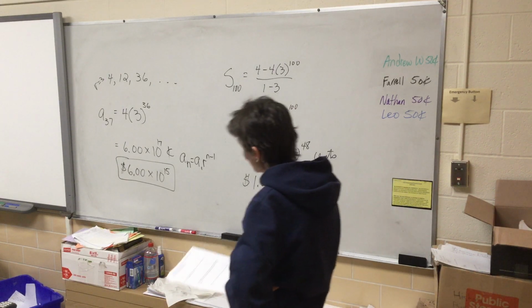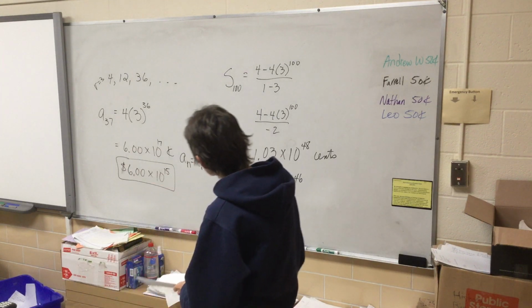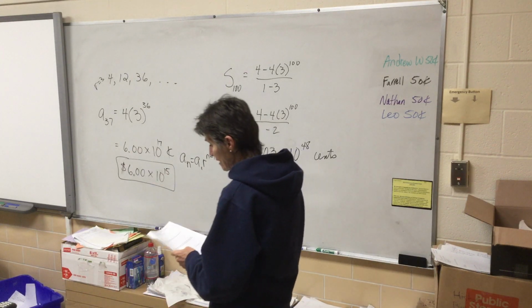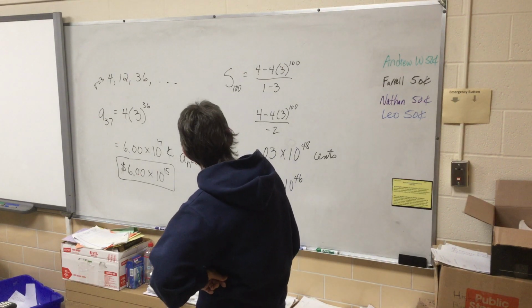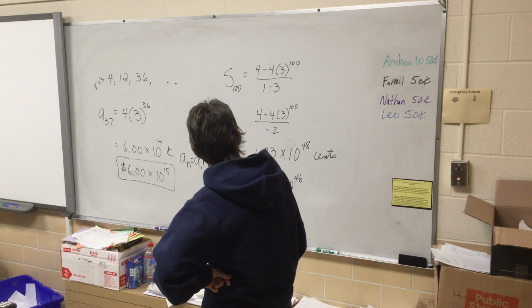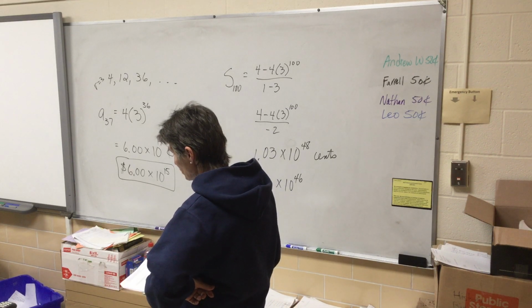Anybody have a question about those two problems we just did? Trey's saving plan and Grace's saving plan. Why do you subtract 2 from the exponent on the 10? When you go from cents to dollars, you move the decimal point 2 places.